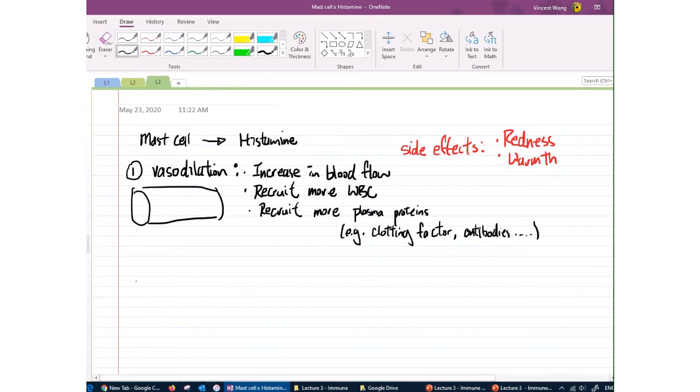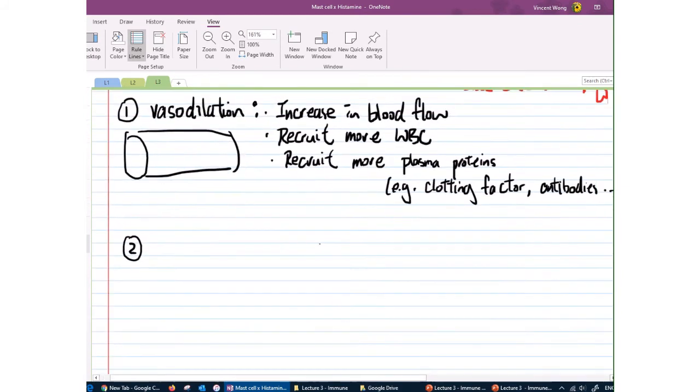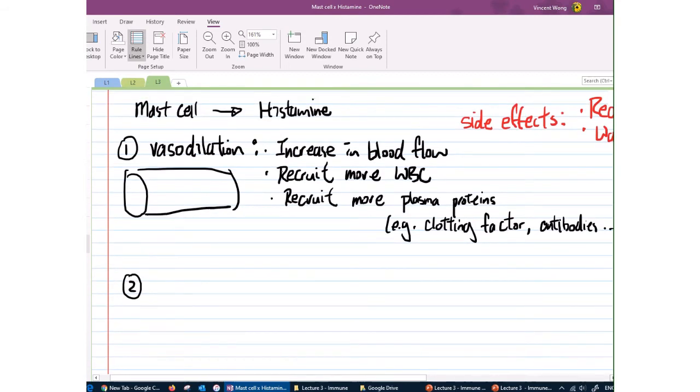Now, after recruiting the white blood cells and the plasma protein to the site of injury, we want them to be able to exit the capillaries. So typically capillaries, as you know, are already quite leaky, but because we have an increase in these things, they might not be able to get out fast enough.